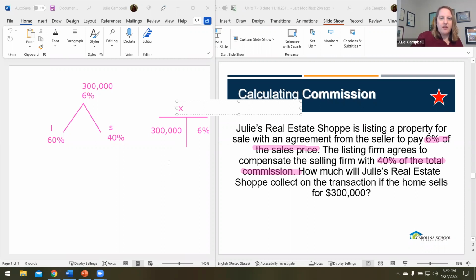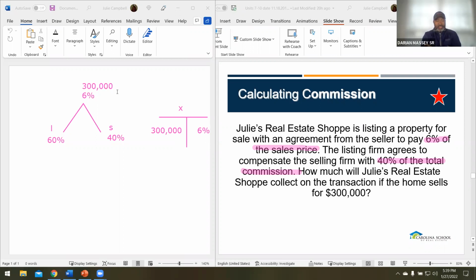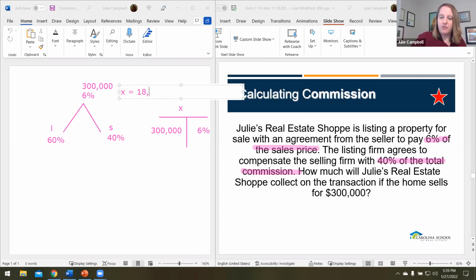So if I take 300,000 times 6%, I get a total. 6 times 3 is 18. So we take 300,000 times 6%, and we get a total commission of $18,000. That total commission is what we're going to do a 60-40 split on.